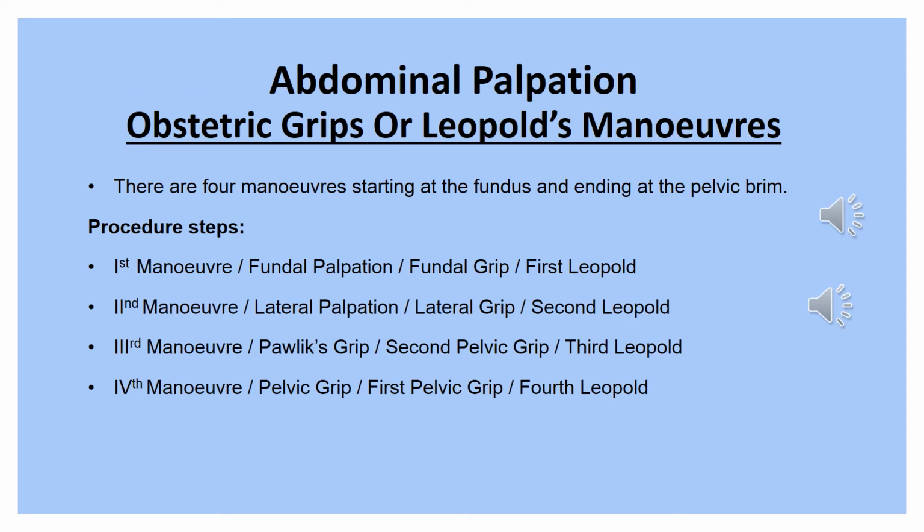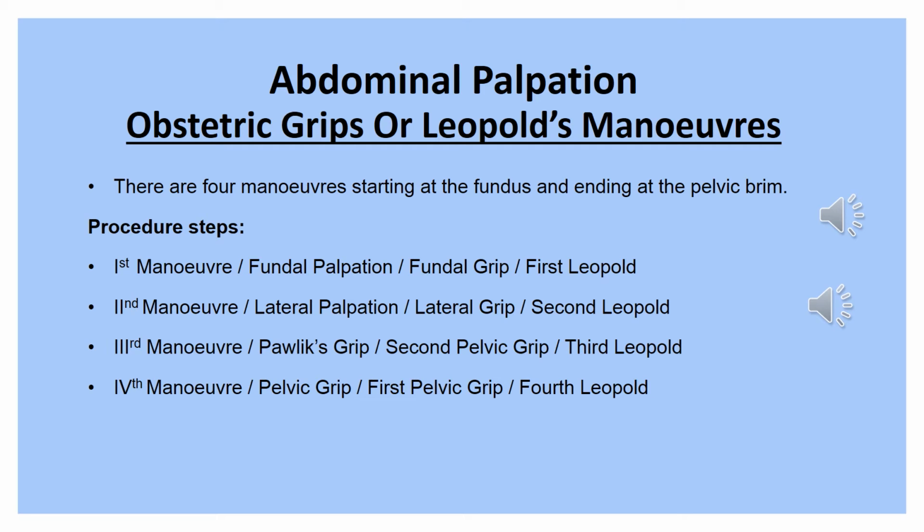Now we will discuss the steps of abdominal palpation or the Leopold's maneuver. There are 4 major steps. The first step is fundal palpation. This is otherwise known as fundal grip or first Leopold's maneuver.